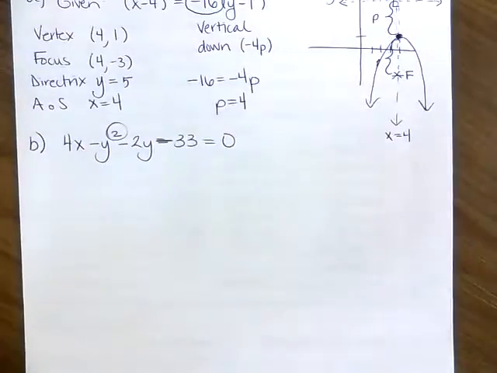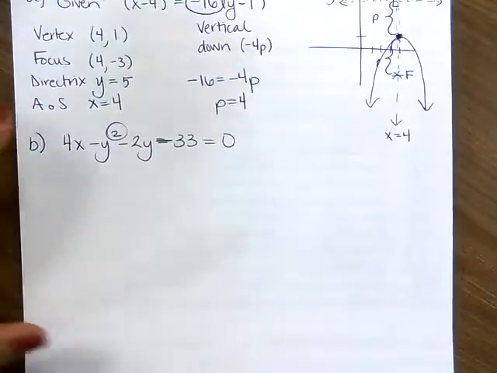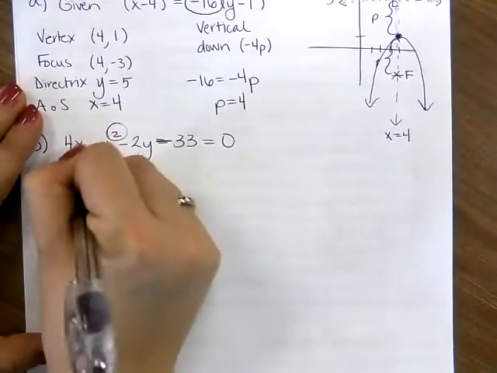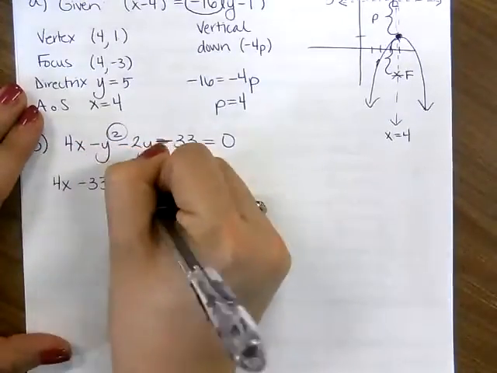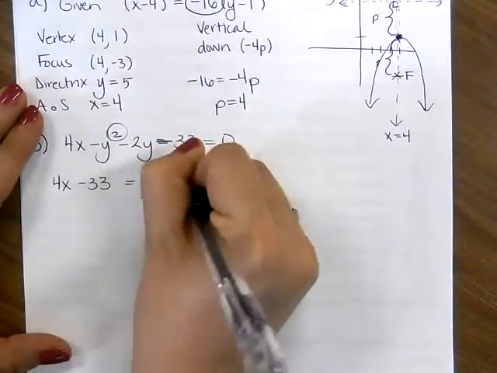So y. So we know this is going to be horizontal. We're not sure which direction it's going to point yet, but we at least know that's a good place to start. Okay? I don't want to work with a negative y squared. So I'm going to move my y terms to the right side. Okay? So I'm going to have 4x minus 33 equals y squared plus 2y.